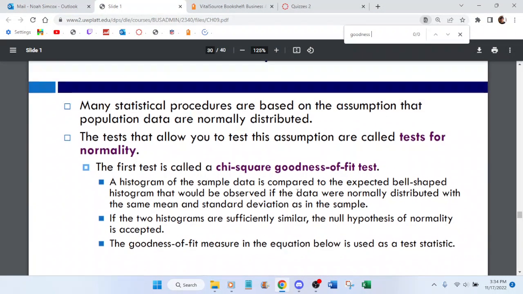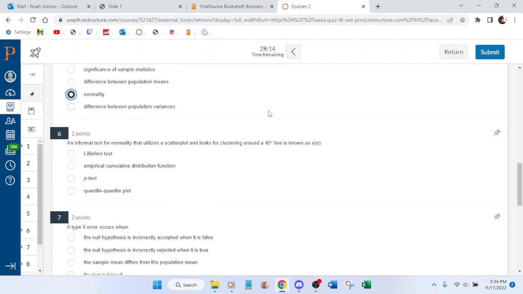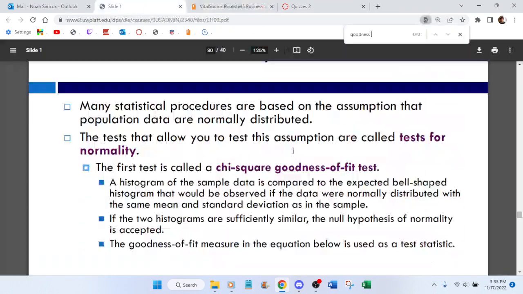Okay. Tests for normality. Chi-square goodness of fit test is a test for normality. An informal test that utilizes a scatter plot and looks for clustering is known as a QQ plot. Quantile plot.